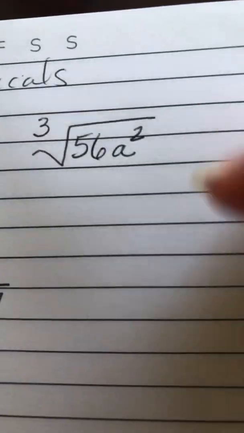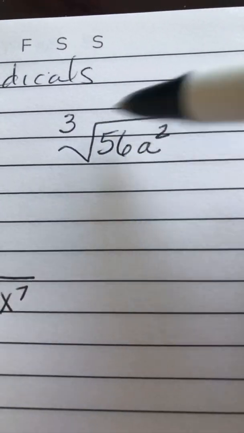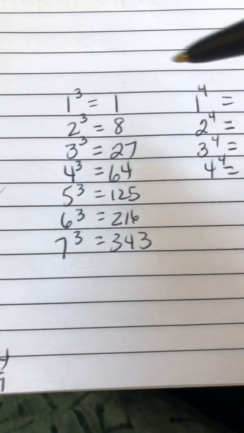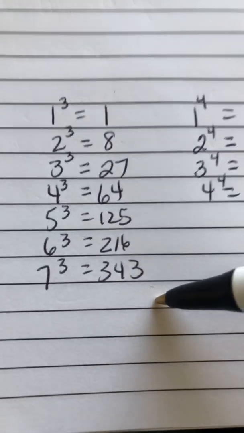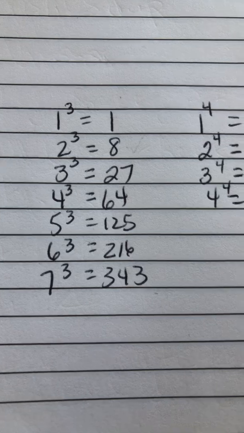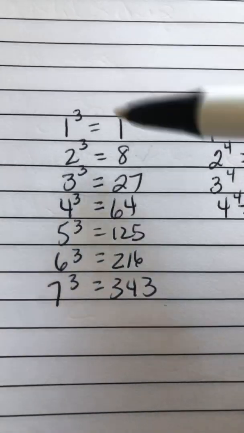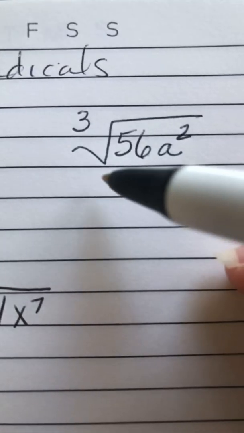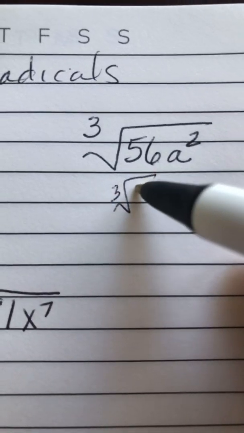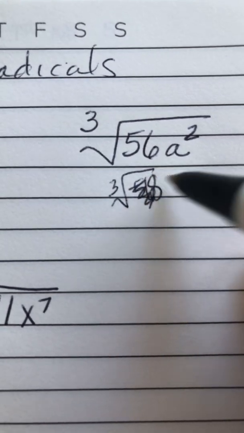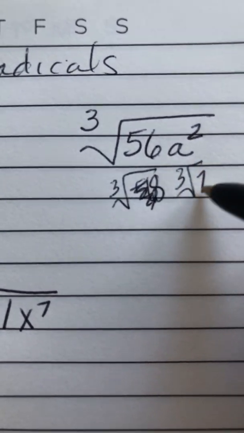So this one's saying the cube root of 56, and let's go down here and look at the cubes. Do any of these numbers go into 56? Yeah, 8 goes into 56 because 8 times 7 is 56. So the cube root of 8 is 2. So we would say the cube root of 56 is the cube root of 8 times the cube root of 7 for that part, okay?